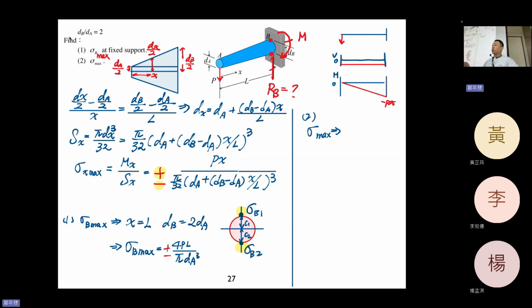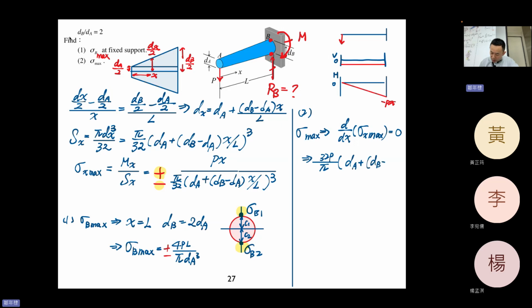So all you need to do is try to find the maxima for this function. What should we do? Differentiation, right? Differentiate the sigma max function with respect to x and set it to 0. Okay, so how can we do that? It's a little bit tedious.